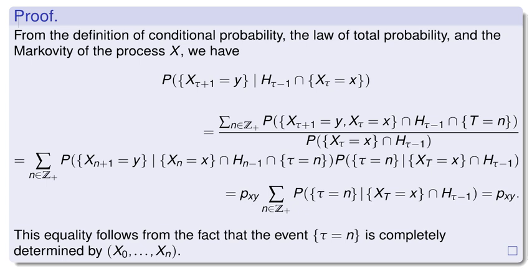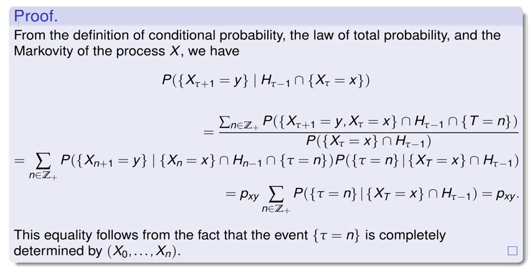This equals the sum over n in Z+ of the probability of the set {X_{n+1} = y} given the set {X_n = x} intersected with H_{n-1} and the set {τ = n}, times the probability of the set {τ = n} given the set {X_τ = x} intersected with H_{τ-1}.